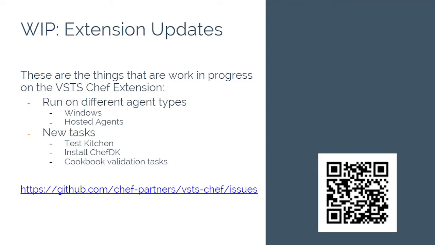And where the cookbook validation tasks are currently being run by command line tasks in VSTS, we want to make them explicit tasks with the VSTS extension. So that's the end of the demo. Hopefully you've got lots of questions for us, and I'll be happy to answer them.